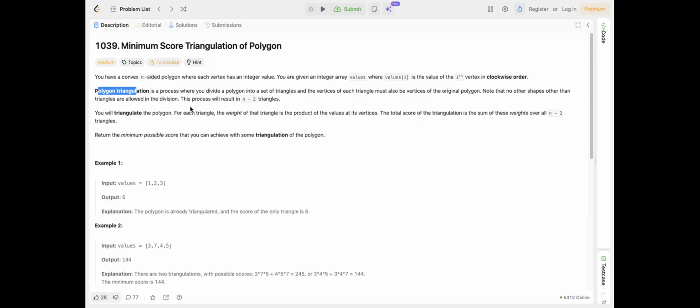It's basically the values of the vertices of your triangle. So you will multiply all the vertices of your triangle and consider it as the score of that triangle. Finally you will add all the scores and that will be your final score. So this is what you have to do.